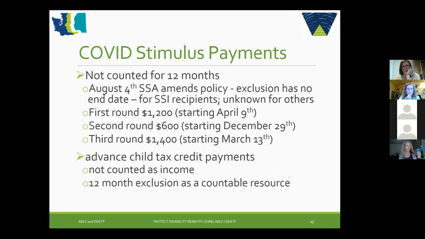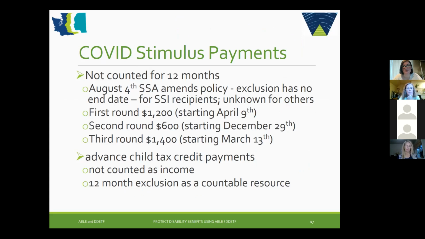But currently, the COVID stimulus payments have probably added a newer urgency for a lot of folks to get underneath that asset limitation. Originally the SSA, the Social Security Administration, said that they're not going to count these stimulus payments for the first 12 months.